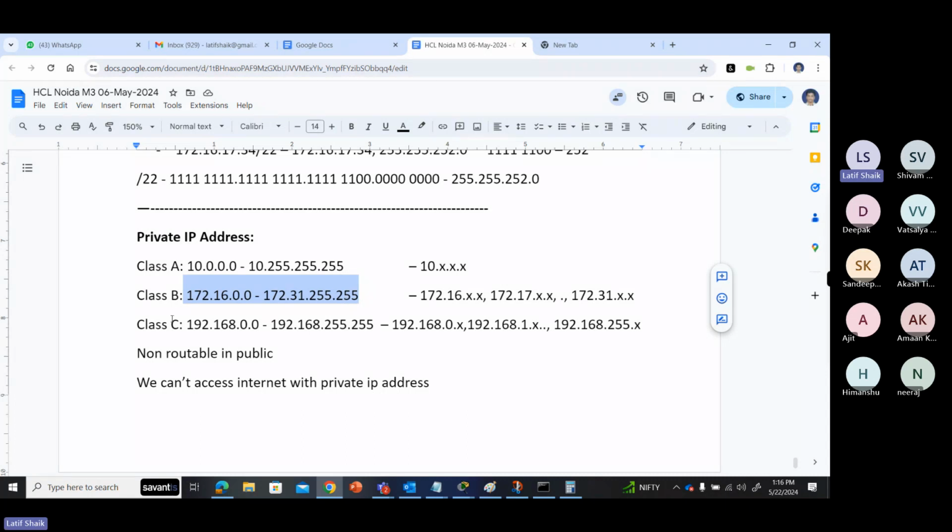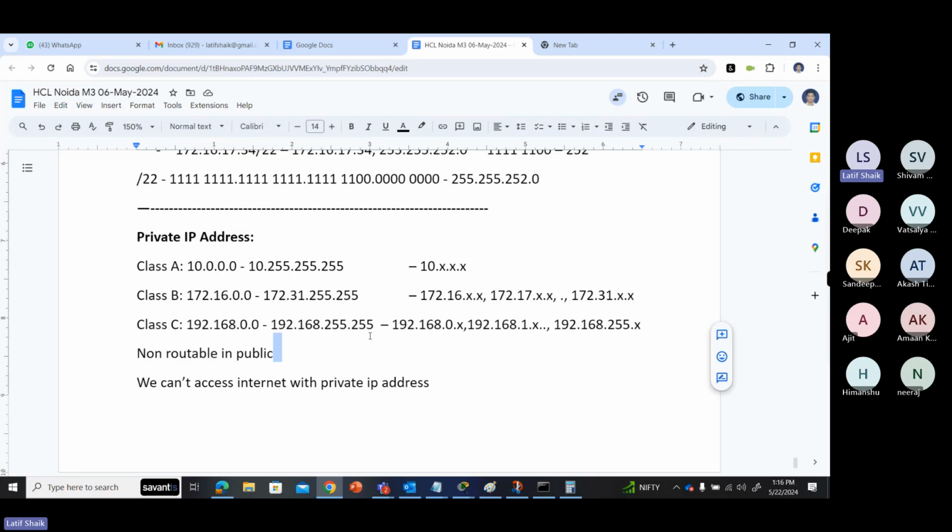Again, class C. From class C it is 192.168.0.0 to 192.168.255.255.